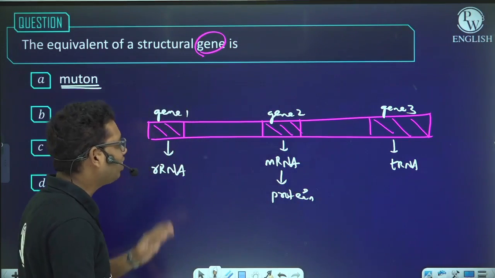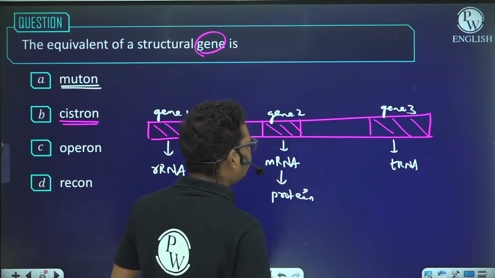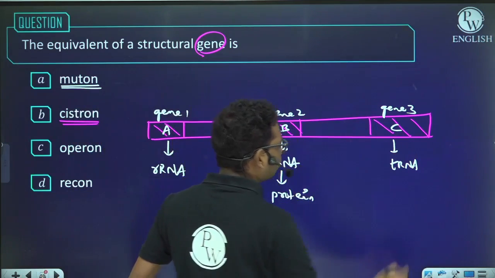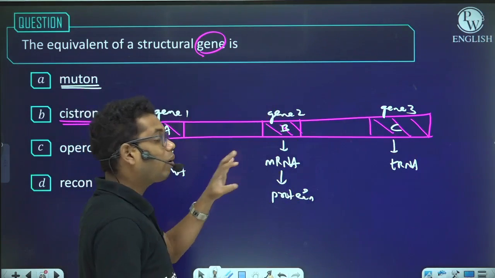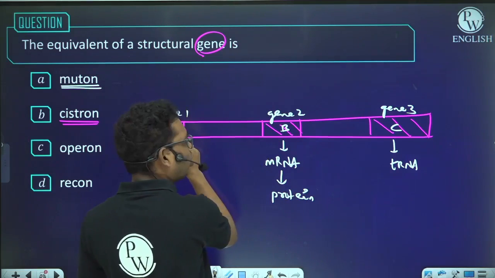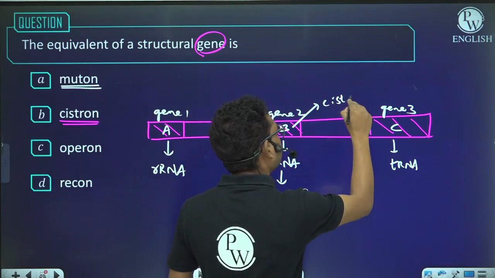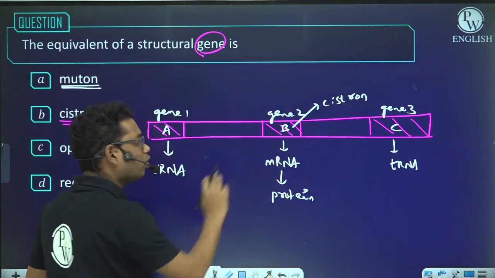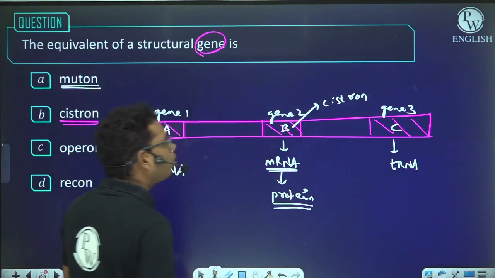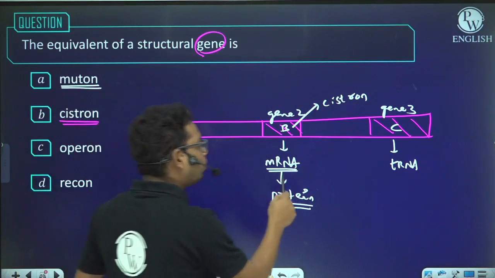So what is cistron? In this case, all these segments are genes. I will say segment A, segment B, and segment C are all genes. But if you talk about cistron, then only segment B is a cistron. This is not a cistron. So what is cistron? Cistron is the segment of DNA which produces protein, that means which produces mRNA. But a gene is a segment of DNA which can produce either rRNA or mRNA or tRNA.